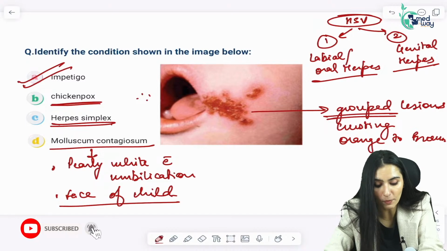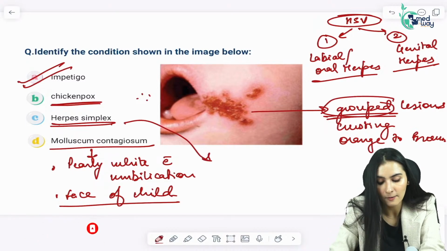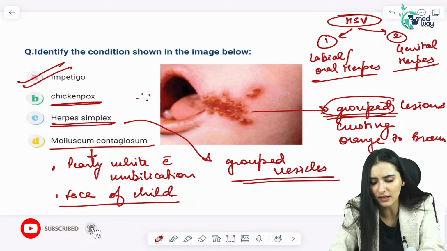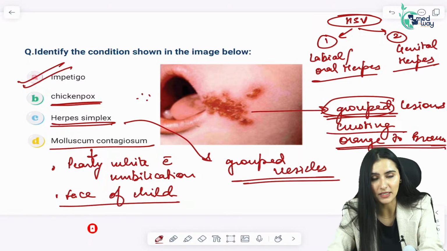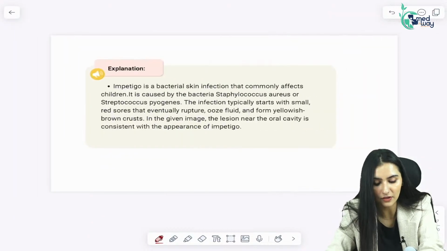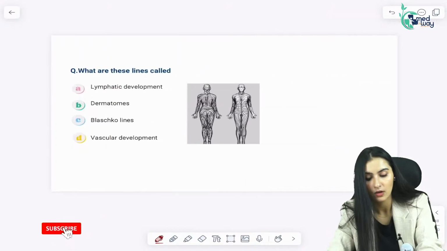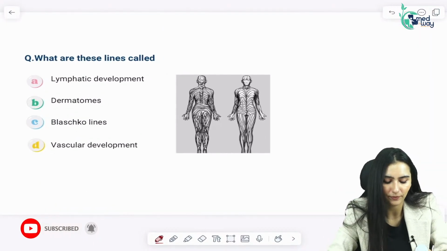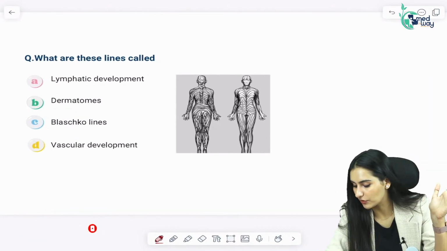Because there is grouping of the lesions. Again, grouping goes in favor of herpes simplex. There are grouped vesicles. There is no crusting, nothing over here. There is orange crusting in this picture. Okay? That is impetigo. It's a bacterial infection that happens because of staph or streptococcal and usually happens in children. Okay. Now next question.